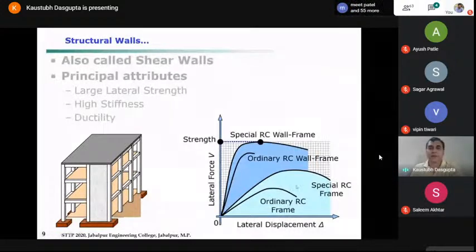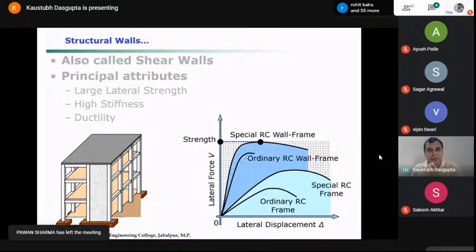So this is for the RC frame part. If you look at the wall part, whenever you have a frame building, RC frame buildings with walls, right, then obviously your stiffness is increased manifold, as we can see. Okay? And then, as I mentioned, a wall can be detailed in such a way that it behaves in a ductile way. So again, you classify into ordinary reinforced concrete wall frame, where the walls do not have ductile detailing, and the special RC wall frame where the walls have ductile detailing.